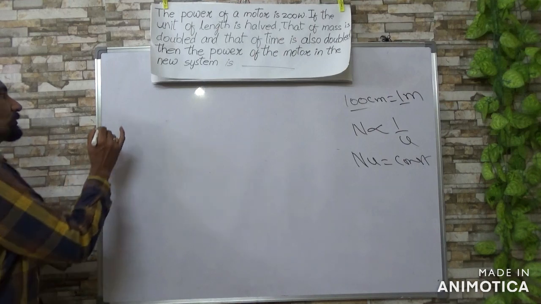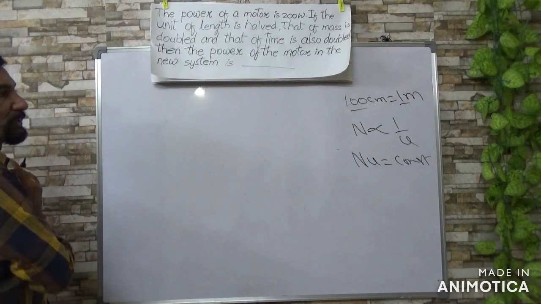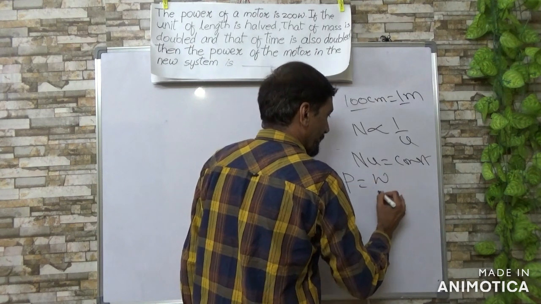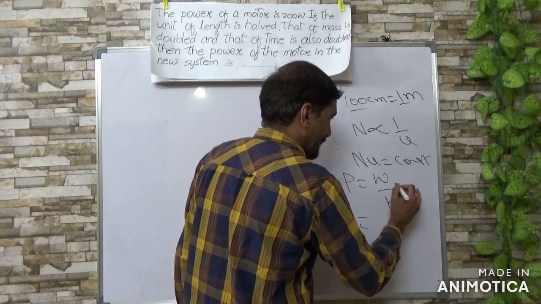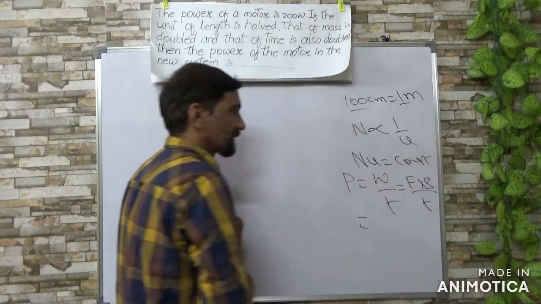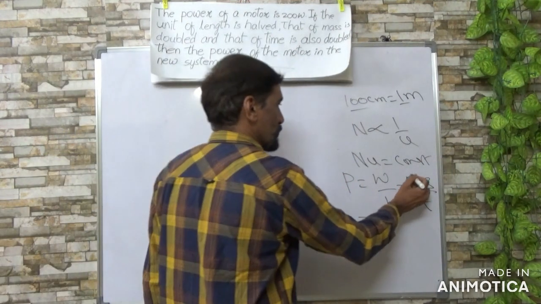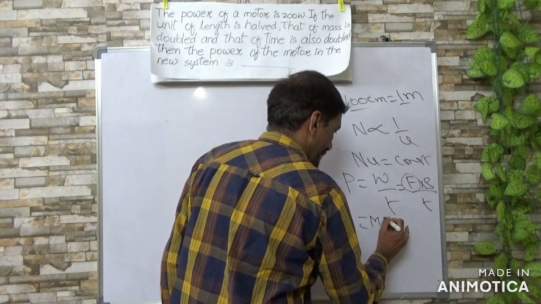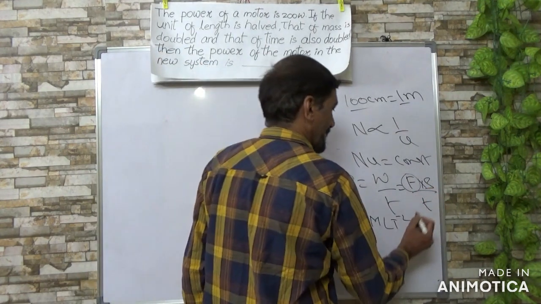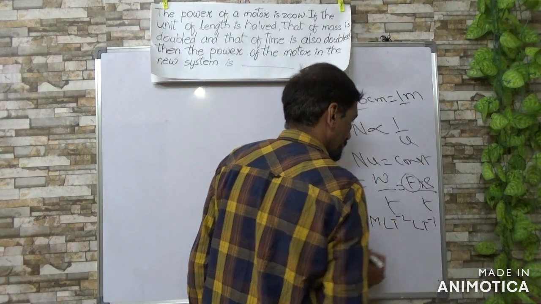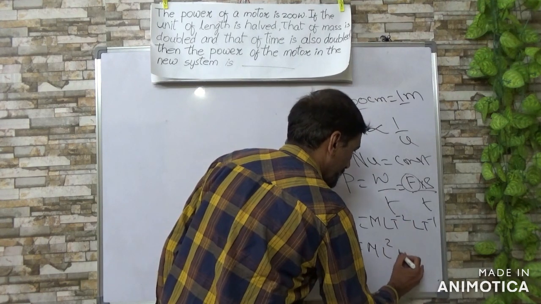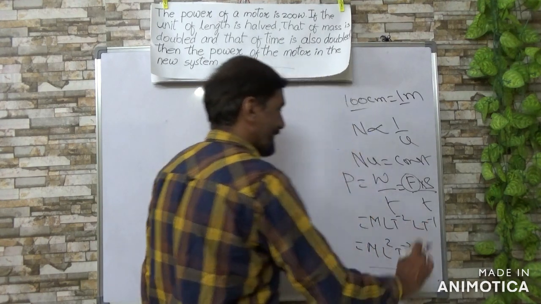Now the dimensional formula for power: work done by time, work done is force into displacement by time, force is mass into acceleration, and displacement by time is velocity. So it is ML square T power minus 3.